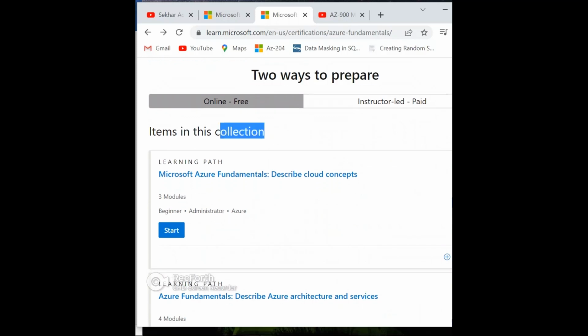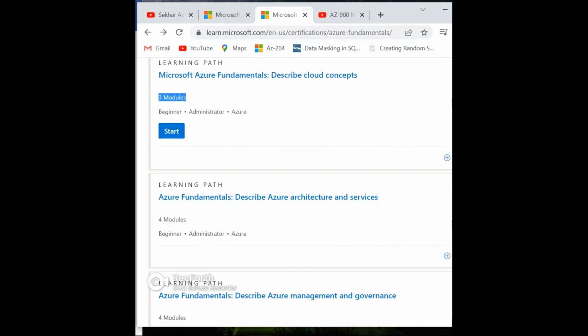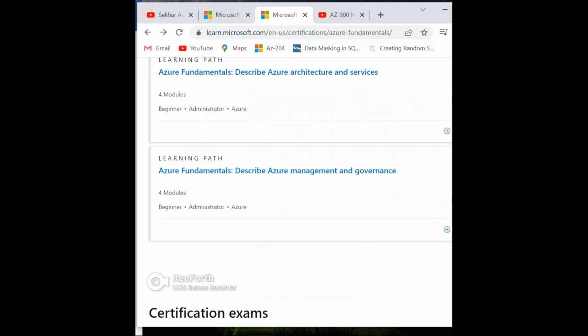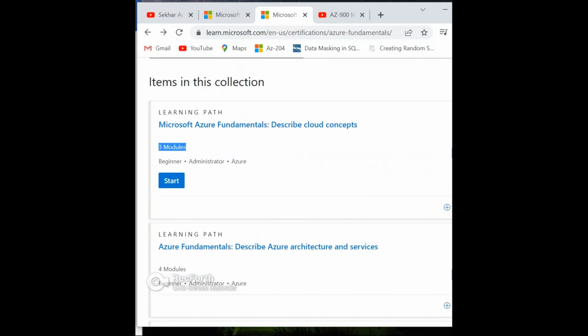In Microsoft Learn you have the learning paths, and they have created modules section-wise.